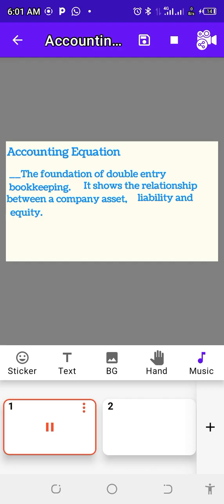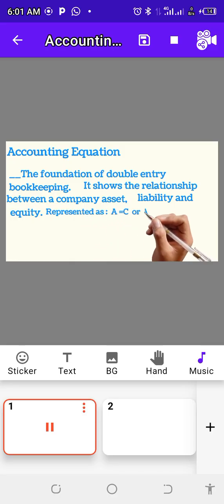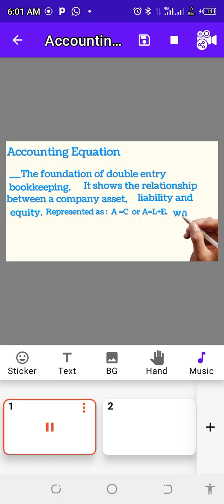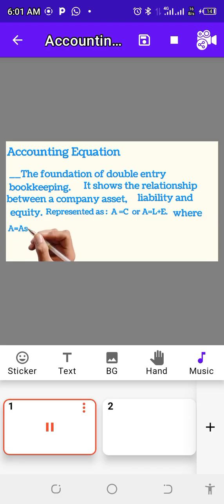The accounting equation is represented as assets is equal to capital. Asset is equal to what? Capital. Or asset is equal to liability plus equity, where A is equal to what?